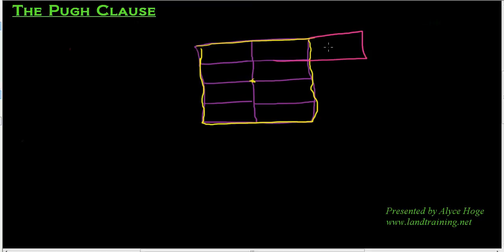Even though this part of the lease is not in the unit, that well in that pooled unit is going to hold this part of the landowner's lease as well as this part of the landowner's lease.